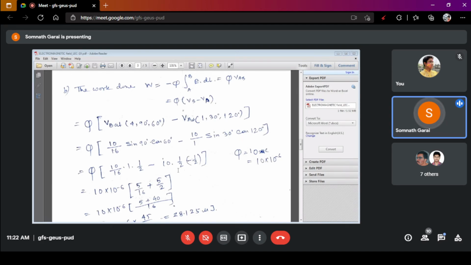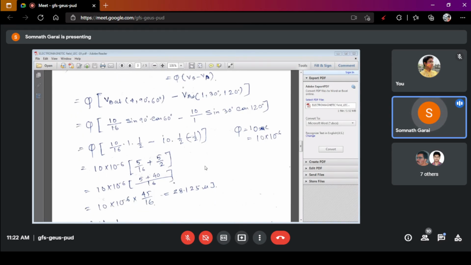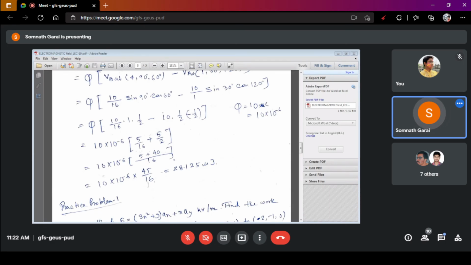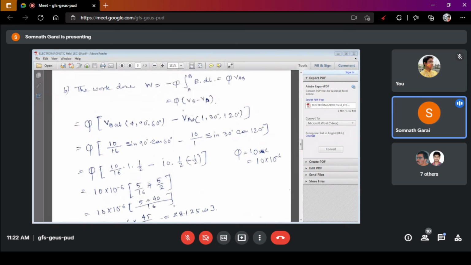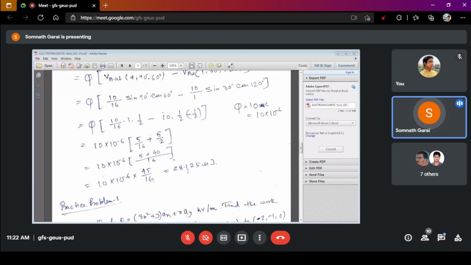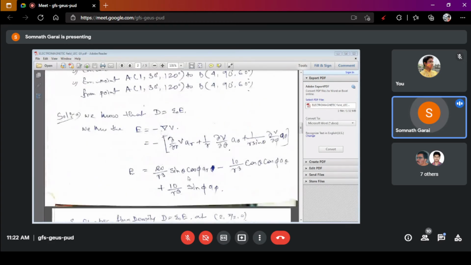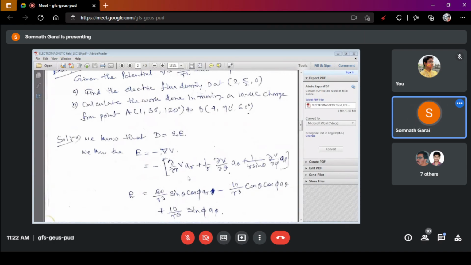Sine 30 is equal to half, cos 120 is equal to minus half. After calculating this, we get the work done, that is 28.125 microjoule.